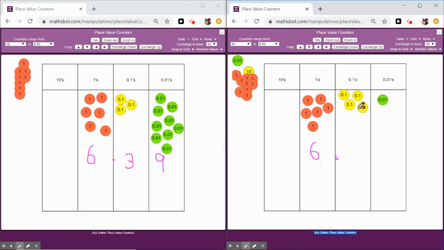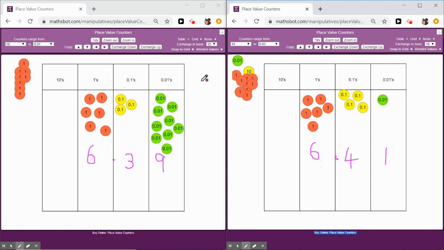This 6.41. So we can see they're very close to each other, but it was this number that was the biggest number because it has more tenths than this one. And so we always look at the column that is to the left.